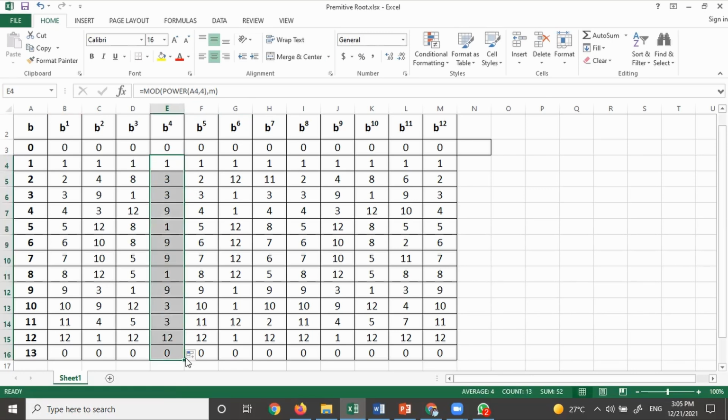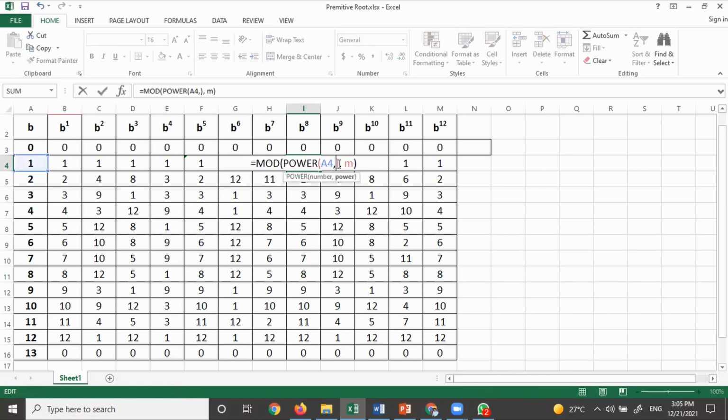So for 2 raised to 5, it should be 6, then 7. This should be 8. I'm sorry, guys. This should be 9. This should be 10. I didn't prepare a proper Excel sheet.